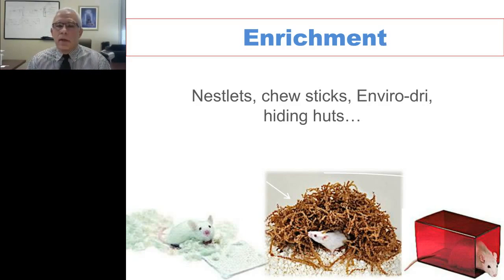Ever since we implemented the red boxes, remember, mice and rats don't see through the red spectrum, so they think they're hiding from you and they're not as stressed because they don't see the people in the room, my rats went from an average of 6 pups per litter to 12 pups per litter. I think this is significant. So don't forget the enrichment, which is a very important part of post-op recovery.